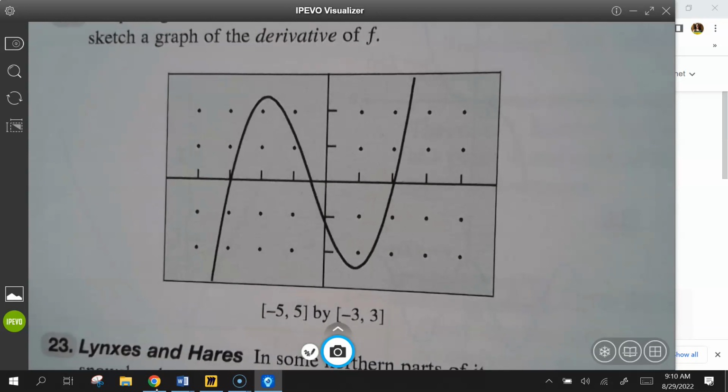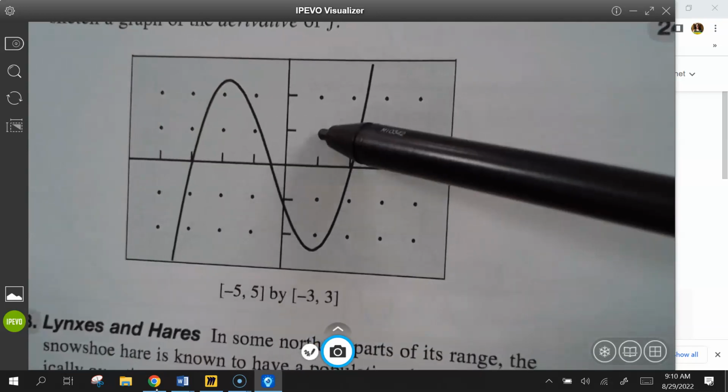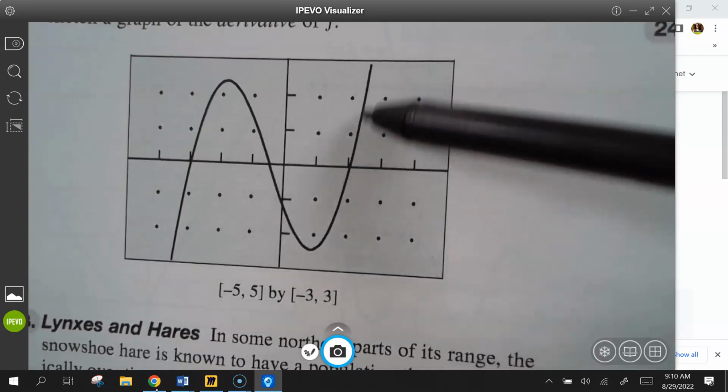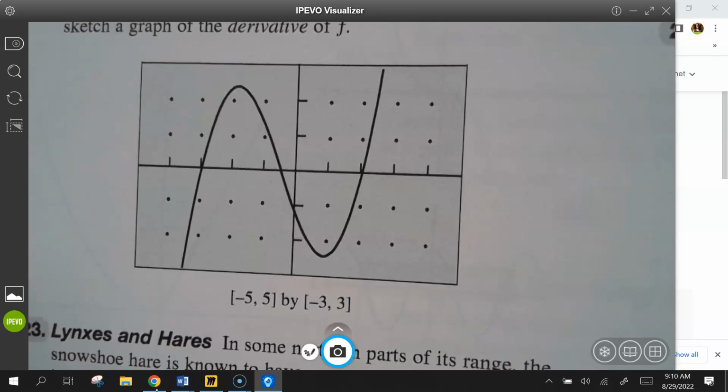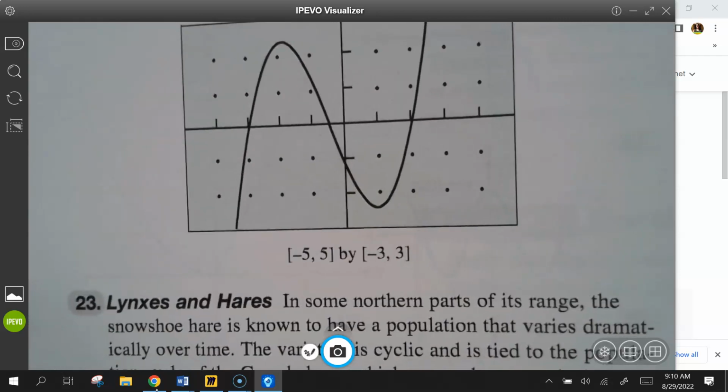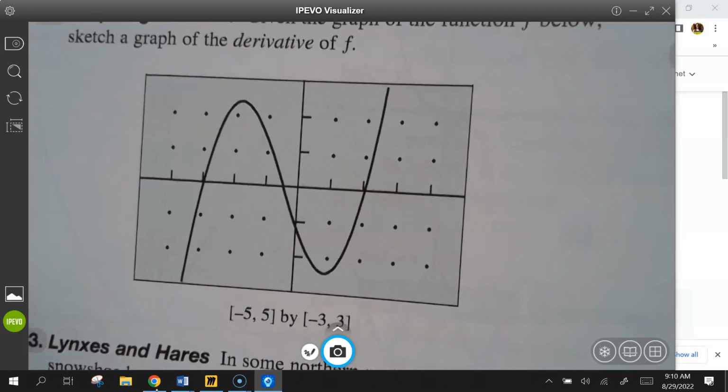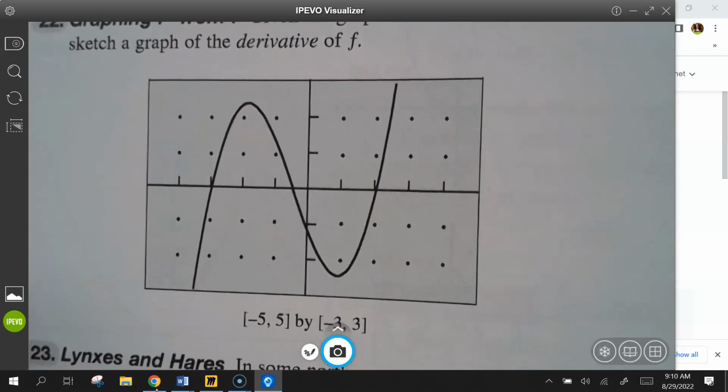So they're just saying this is 1, 1, 1, 2, so that if you need the values, you can see what they are. Remember what you know: increasing, decreasing, turning points.